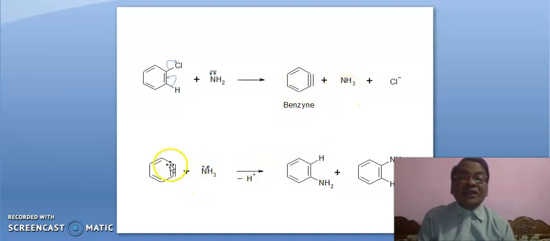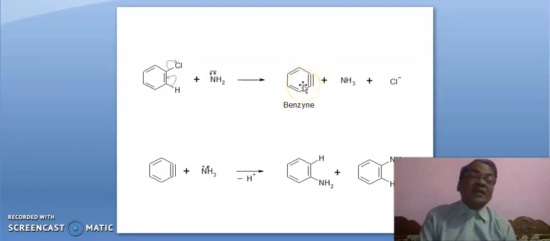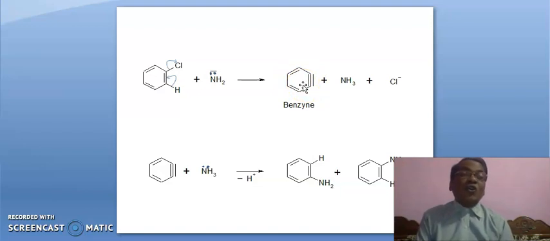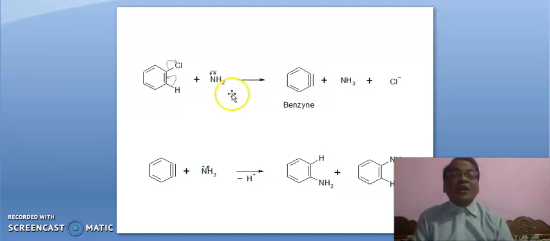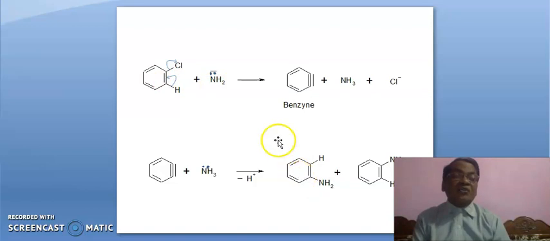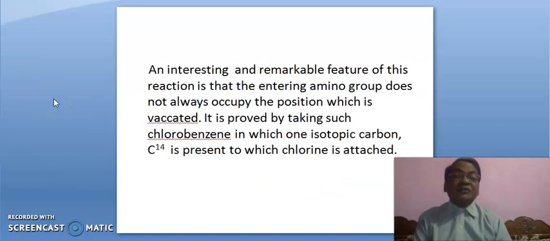That ammonia will attack here or here, leading to aniline, but the major product will be the dimerized product. This benzyne will dimerize if you don't take liquid ammonia. So, along with the sodamide, liquid ammonia should be there. Means when chlorobenzene is heated with sodamide in the presence of liquid ammonia, you will get aniline. It is also important. Okay.